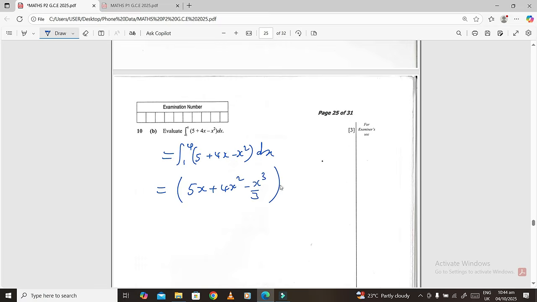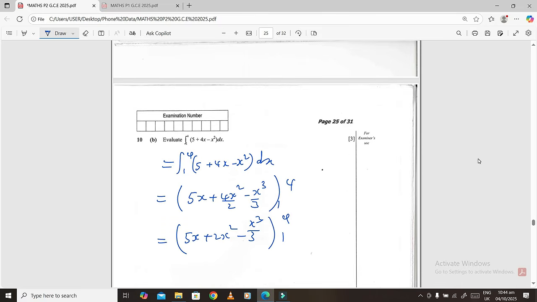You put the limits here, 1 and 4. Actually here we needed to divide by 2, so 2x power 2 minus x power 3 over 3. So this is 1 and 4 here. So we're going to now substitute.